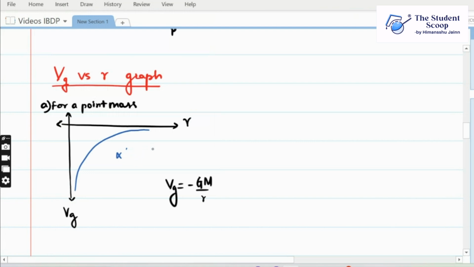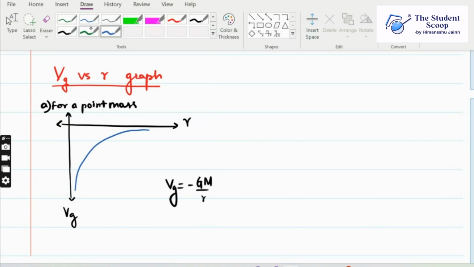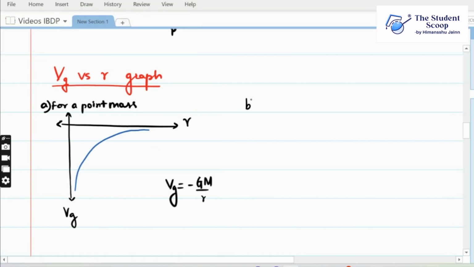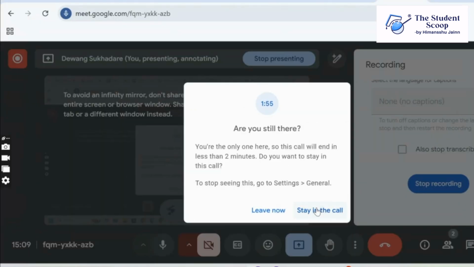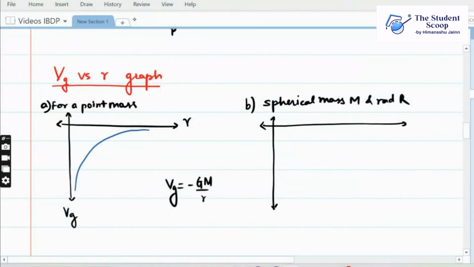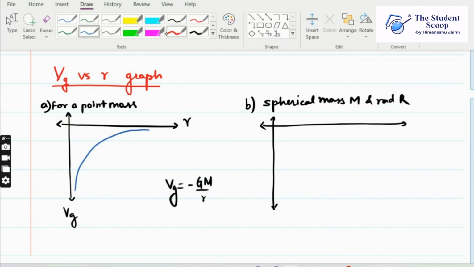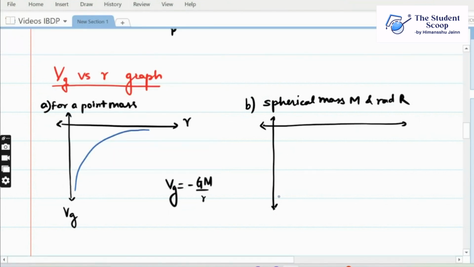Then another graph we can explore is a spherical mass, and the radius of the sphere is R. In this scenario, the graph will start from the radius.